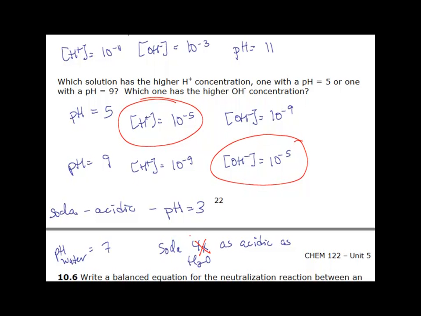Try 10 to the 4th times as acidic as water. That means soda is 10,000 times more acidic than water. So that's why if you drink a few 2 liters of soda a day, you will take the enamel off your teeth, because it's so acidic.